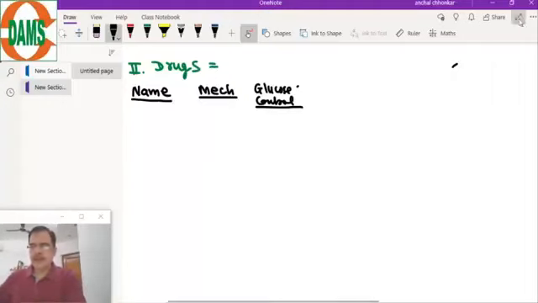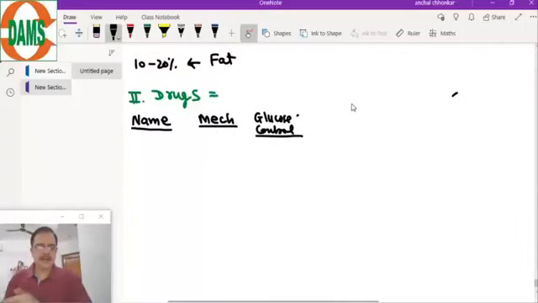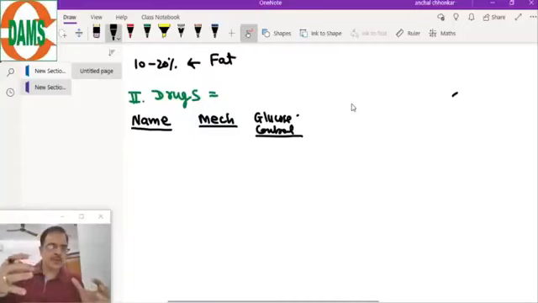So remember, whenever the hepatic glucose production is more, fasting sugars will be increased.